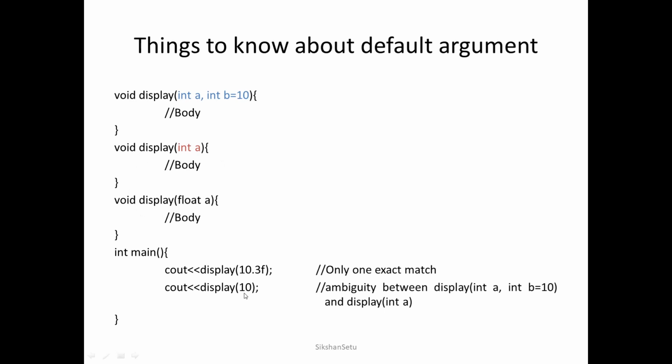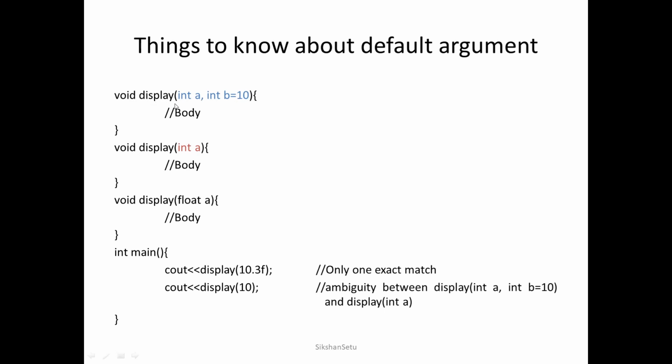But the problem comes in this: display with one argument, and that is an integer. Now this particular function call can be bound with this as well as this. Why? Because it has one integer argument, and here it has two integer arguments, but one is considered a default argument.